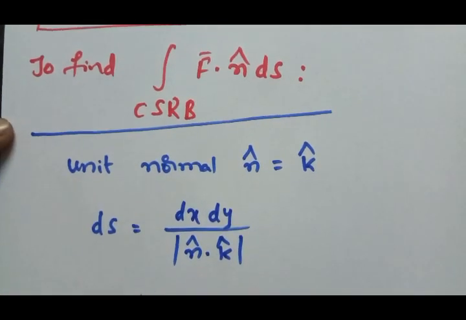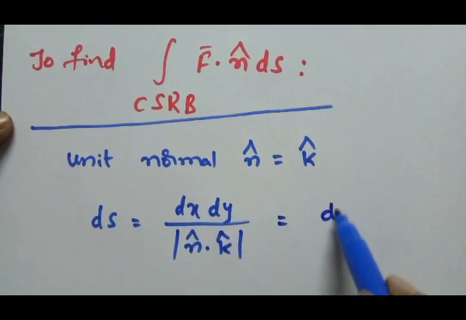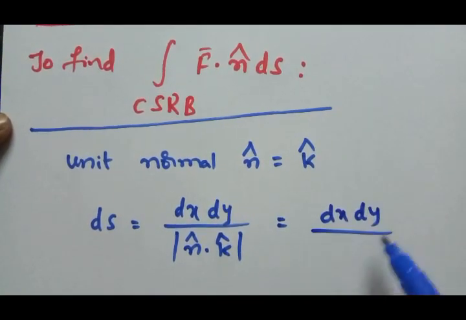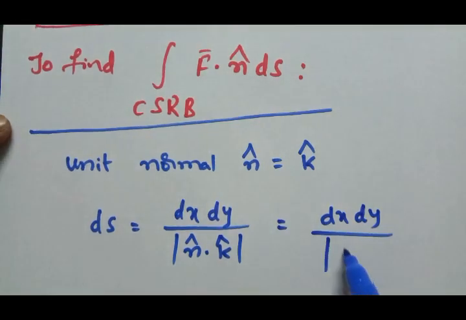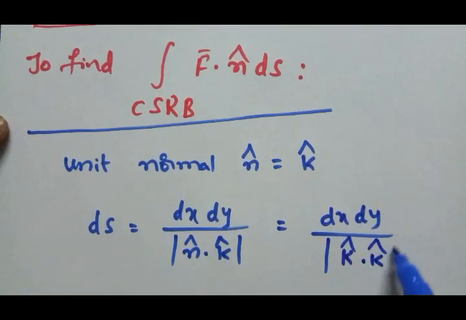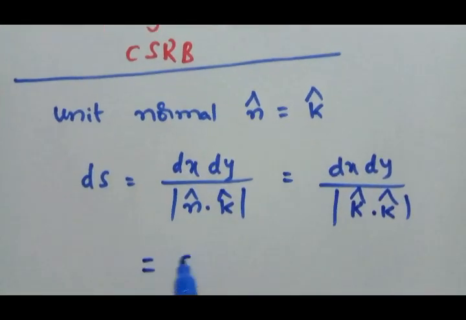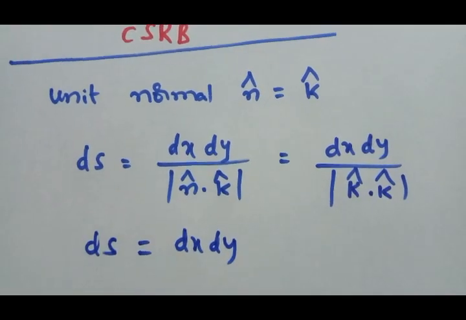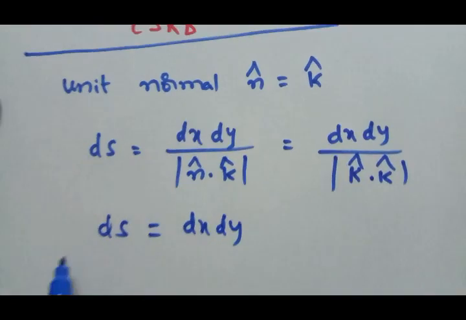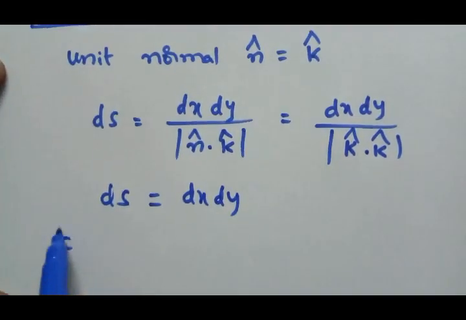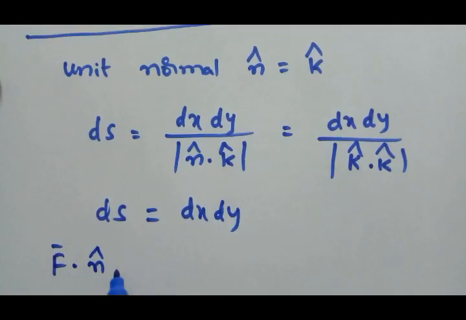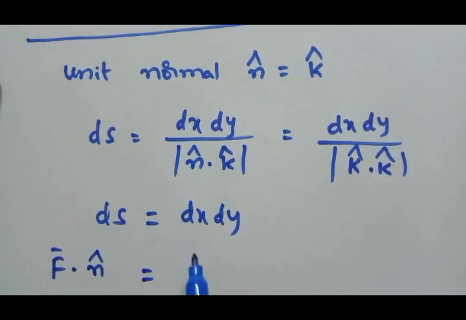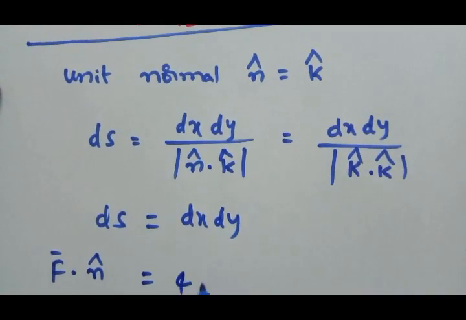Therefore, this is equal to dx dy by modulus of n cap dot k cap. K cap dot k cap is equal to 1. So therefore ds is equal to dx dy.